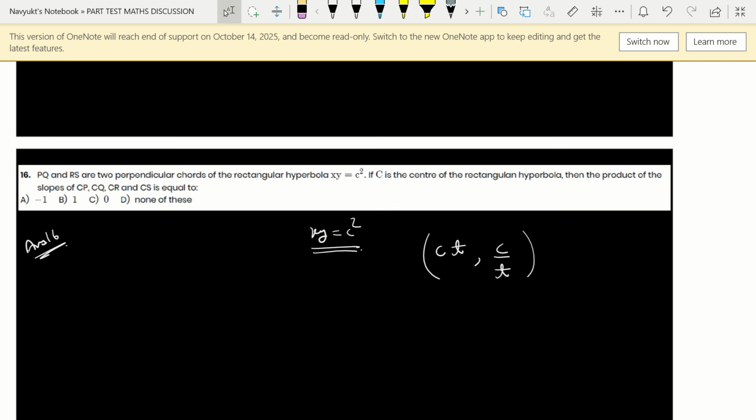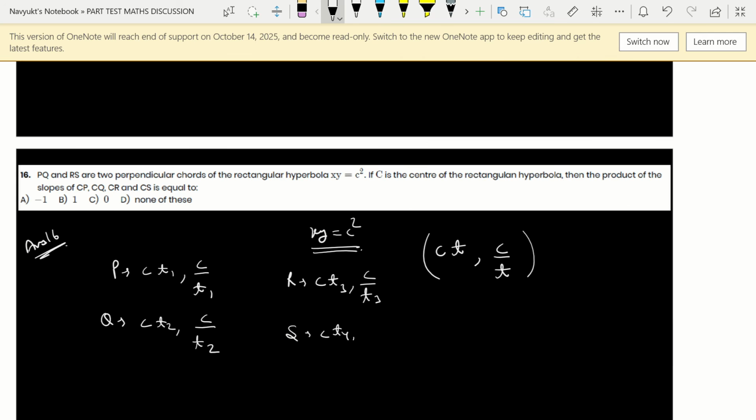What they have told is that PQ and RS are two perpendicular chords. So let's take P as ct1 comma c by t1, Q as ct2 comma c by t2, R as ct3 comma c by t3, and S as ct4 comma c by t4.